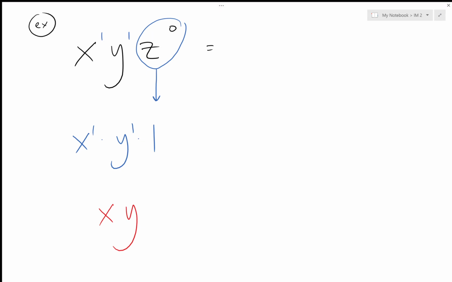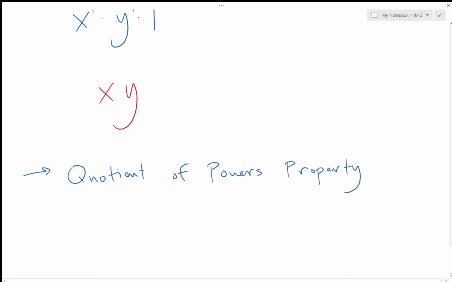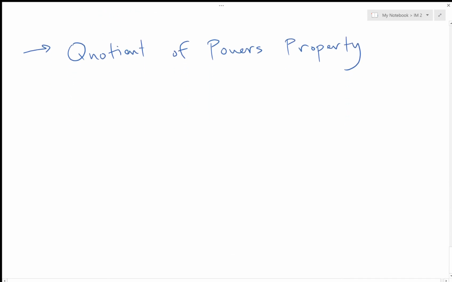One last rule for today. This one is quotient of powers property. So the first one we learned was product of powers. This one's going to be quotient of powers. Product was multiplying. Quotient is dividing. So this will be for our division problems.